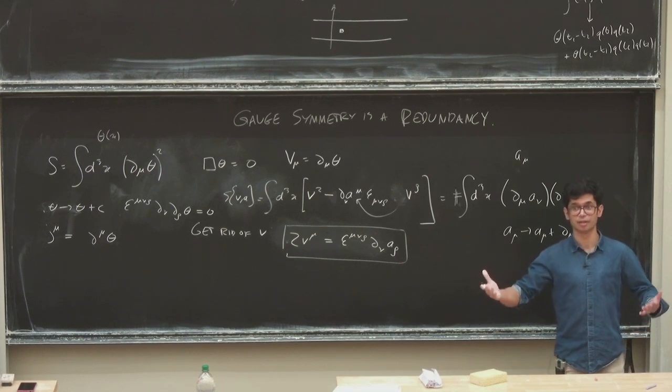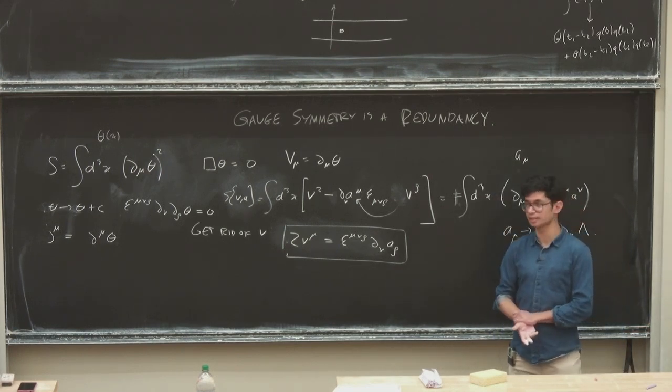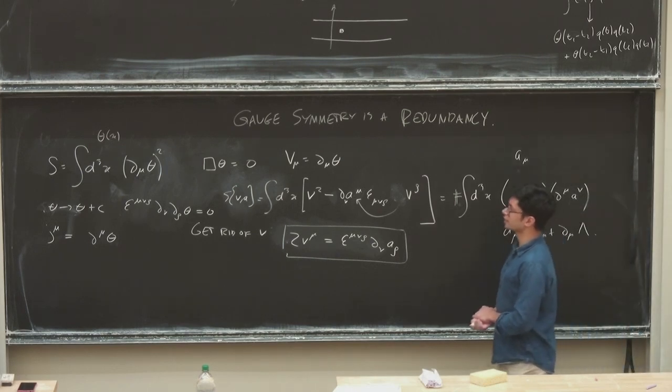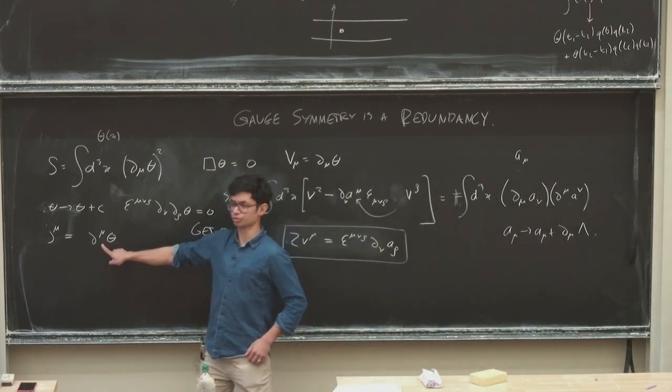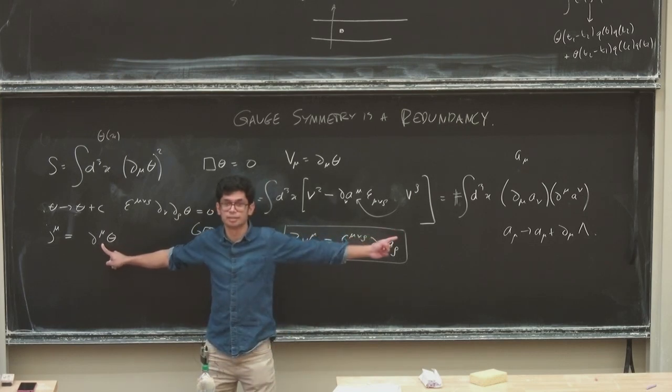Symmetries must exist no matter how you talk about the system. Gauge symmetry is a redundancy, a description, a choice of how to talk about a system. Now, I did mention, on the other hand, that global symmetries you actually can see on both sides of the duality. So one thing you can ask is, what happened to this global symmetry? Where is it on the other side?